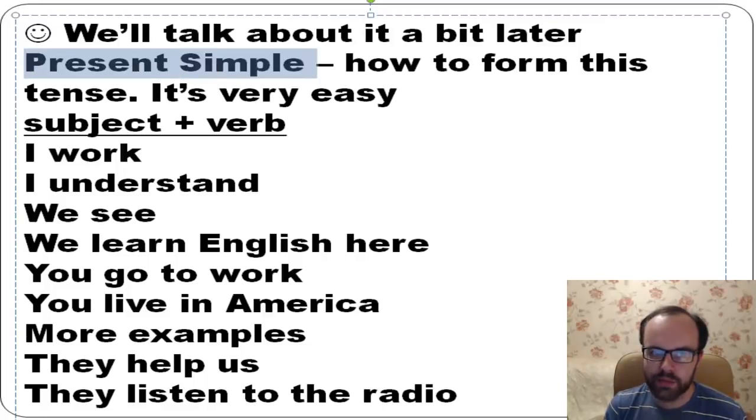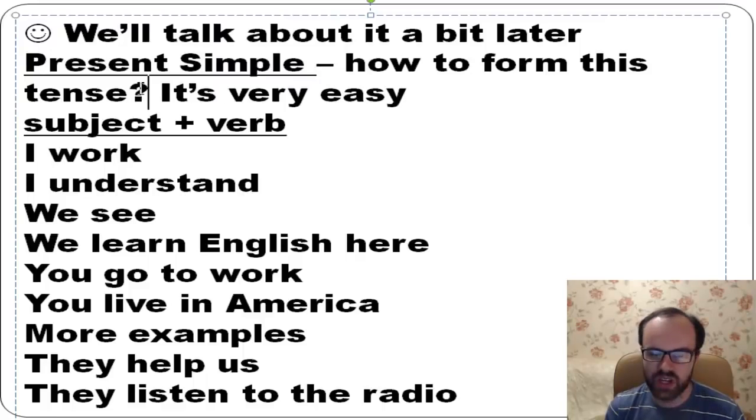So, present simple, how to form this tense? It's very easy. Subject plus verb. I work. I is a subject and work is a verb. I understand. We see. We learn English here. You go to work. You live in America.